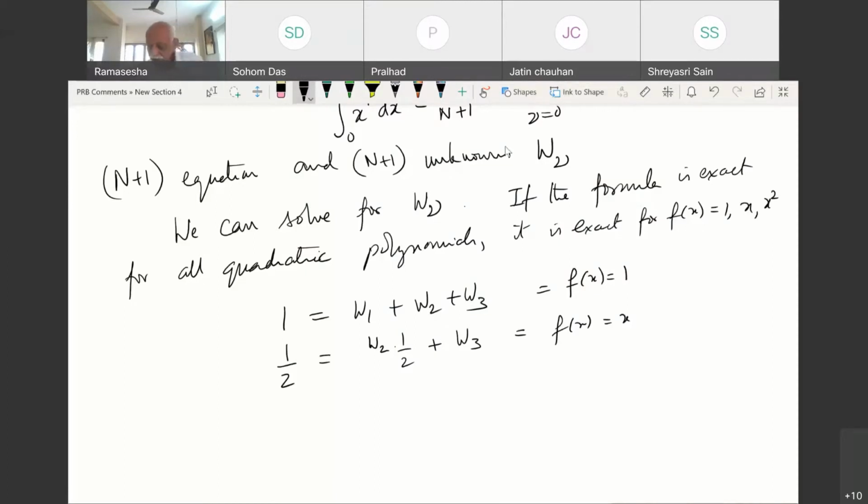And when f of x is equal to x, you get W1 into 0 plus W2 into half plus W3 into 1, because nu takes the values 0, 1, 2 and x_nu takes the values 0, 1/2 and 1. For x squared, 1/3 is equal to W2 into 1/4 plus W3, since x1 is 0 and won't contribute.